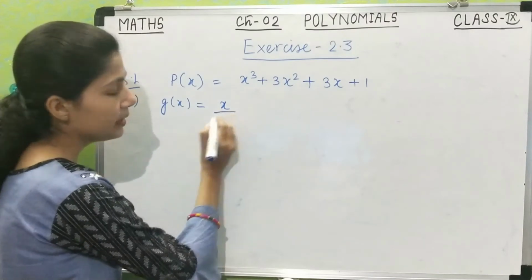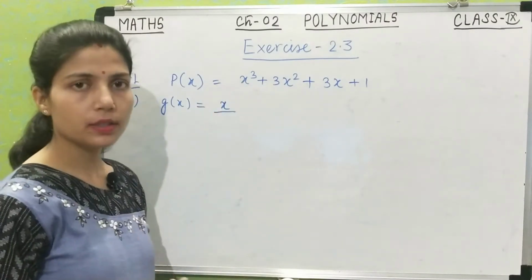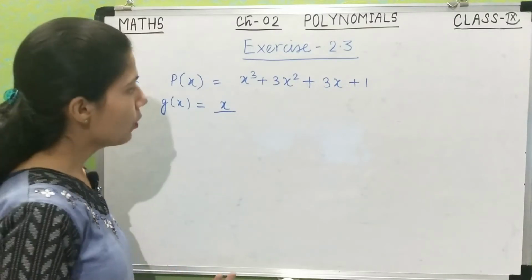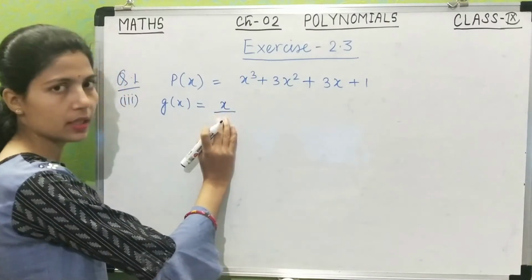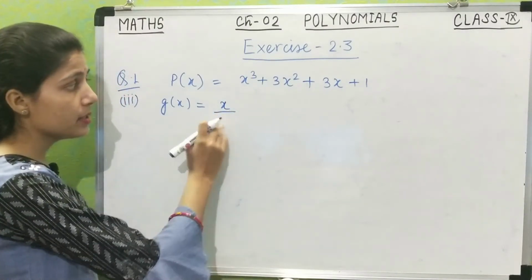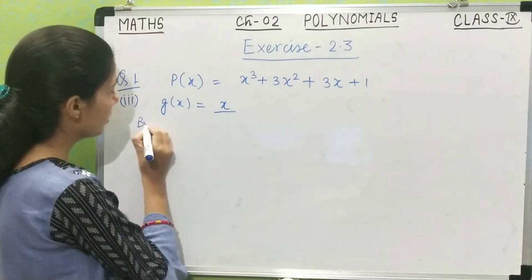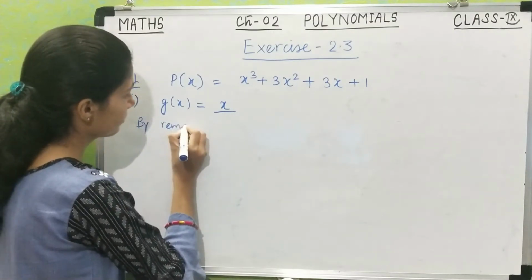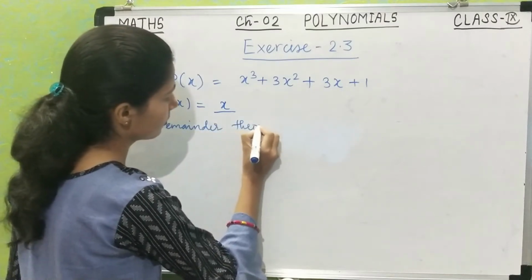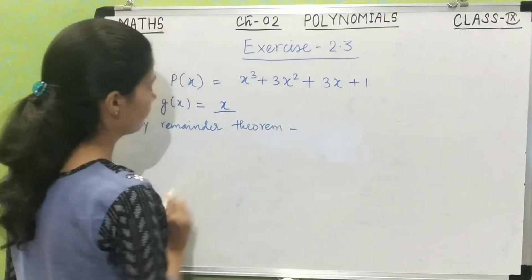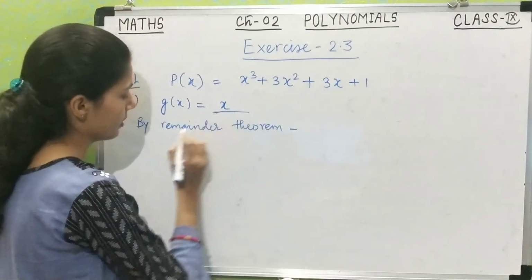This is also a linear polynomial, and the given polynomial is of degree greater than 1. So you have to divide this polynomial by gx, that is a linear polynomial. It means you can apply the remainder theorem here. So you will write by remainder theorem, here the divisor is x.